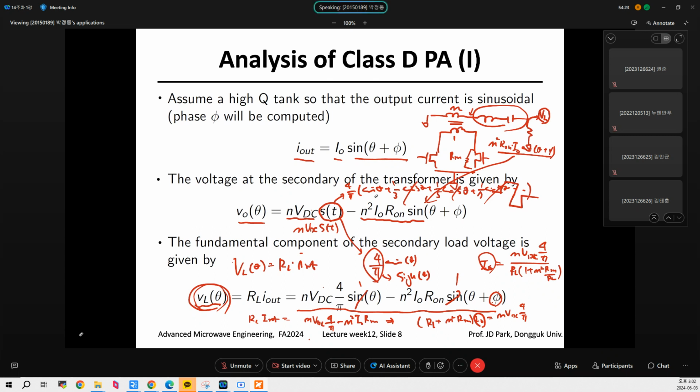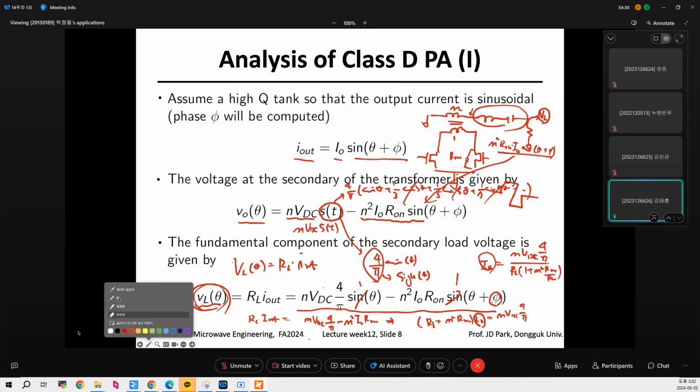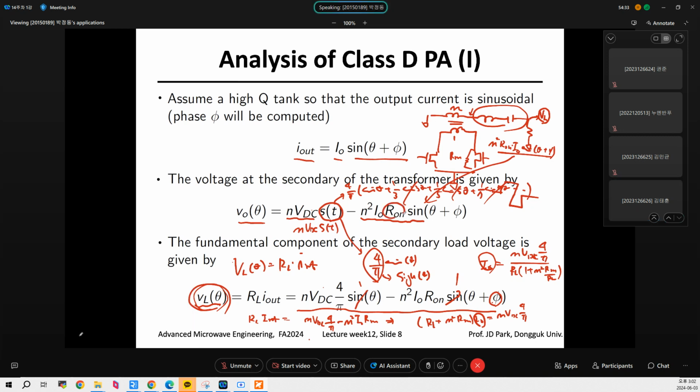So as you can see, the out, you can easily see that R on is scaled up by n scale, right? Which means this inductor has a transformation ratio of n to 1, because this R on is reflected as n square times R on, right?